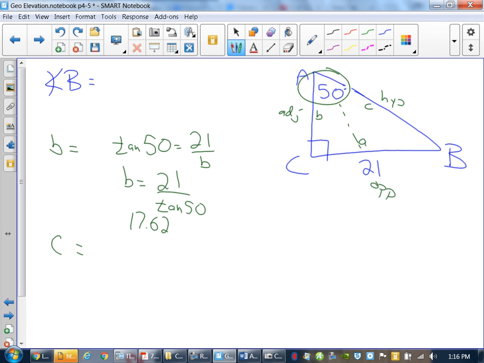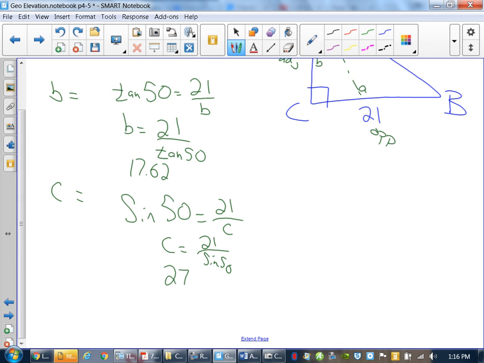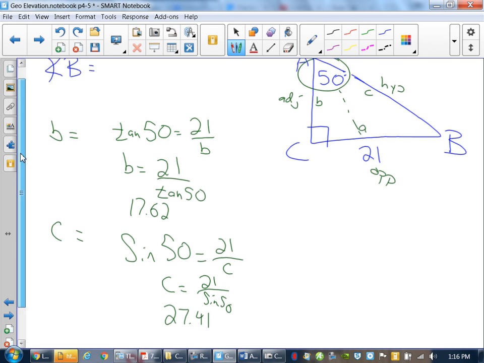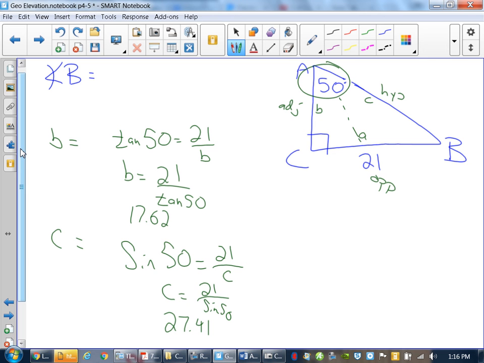Sine, good. So this would now be the sine of 50 is 21 over little c. Again, exchange-o, change-o. 27.41, thank you. And that gives me my two side lengths.